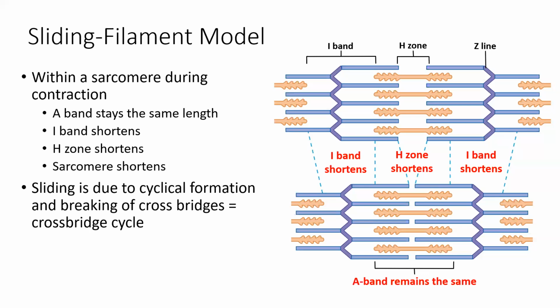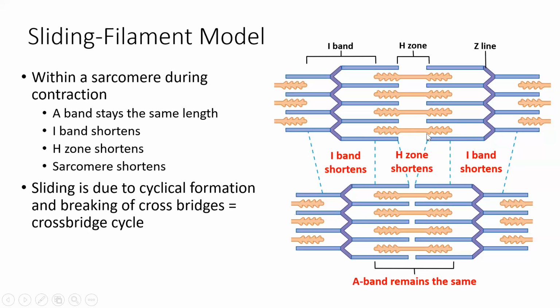The A band does not change its length. So the A band stays the same size. That's because the A band represents the area where actin and myosin are overlapping. And because the length of myosin, the size of these thick filaments, doesn't change, the A band stays the same.